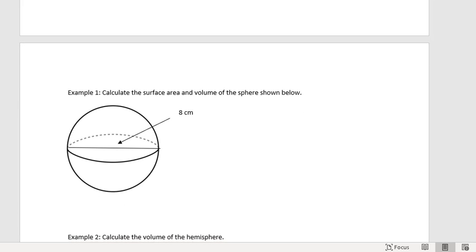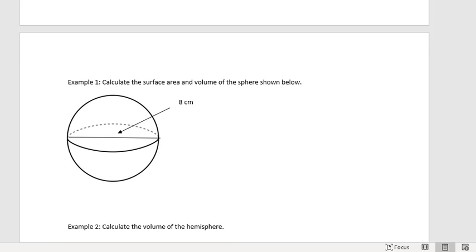Okay, example 1, we are going to calculate the surface area and volume of this sphere. The diameter all the way across is 8, so the radius equals 4. Plug it into equations. This should be super simple by now. So the surface area is 4 pi r squared.